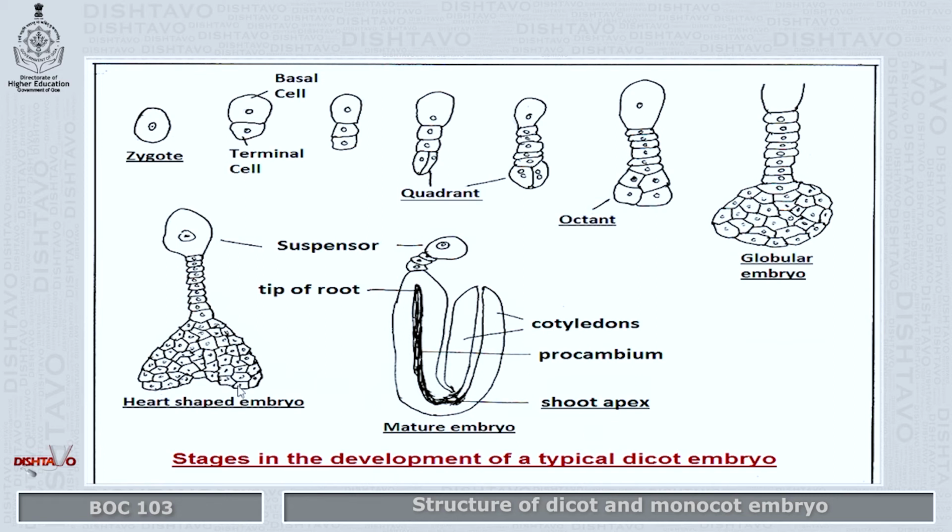But the growth in the cotyledonary initials is much faster than that in the plumule initial. So the globular embryo, as a result, develops into a heart-shaped or cordate shaped embryo.